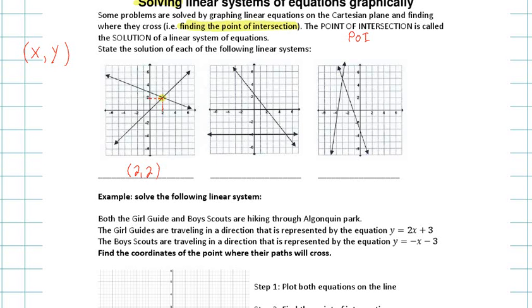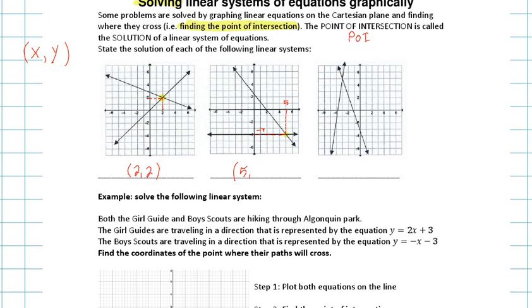What's my second point of intersection? Which one goes first? 5. And this is -4. So 5 goes first because it's the x.